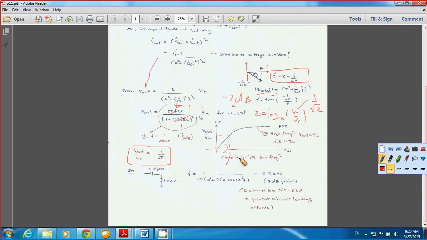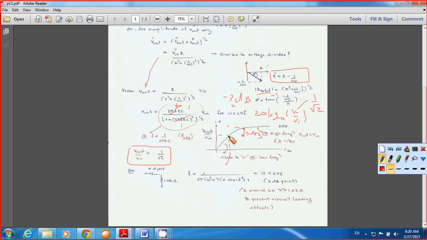But if you define the gain in terms of dB, when you drop down 3 dB, it's going to give you the same point. That's what we call the 3 dB point, or the cutoff frequency.